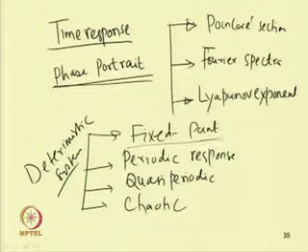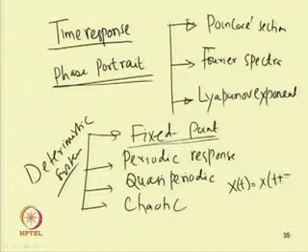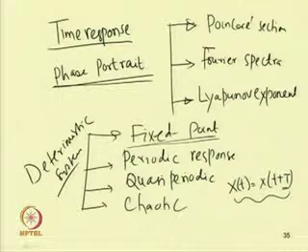So, in case of fixed point response, the response becomes either a trivial fixed point or a non-trivial fixed point. In case of periodic response, the response x t equals x t plus T. So, we can find a minimum time period after which we can observe that the system response repeats.